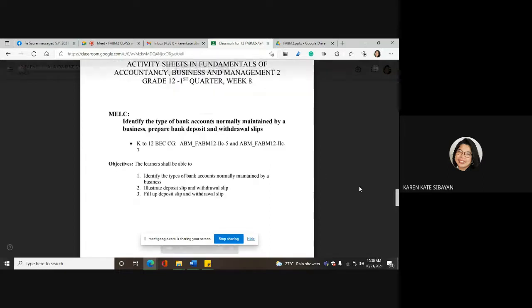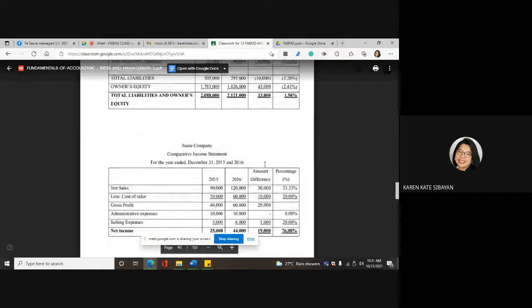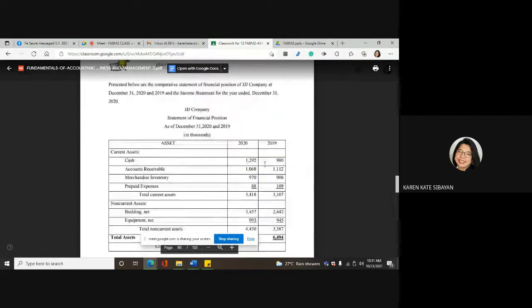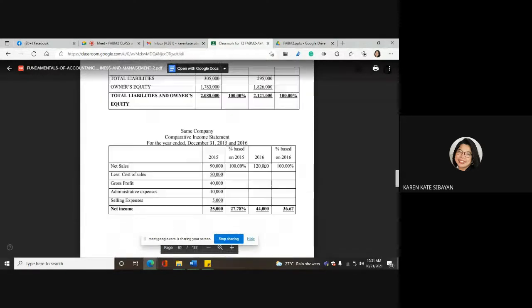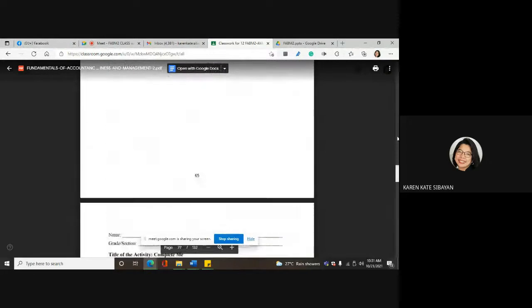Okay? So, for now, yun muna ang gagawin. And kung sinisipag naman kayo, pero wag muna kasi meron pa akong ibang activities eh. Next week ko na sasabihin yung sasagutan ninyo dito sa susunod na week. Okay?